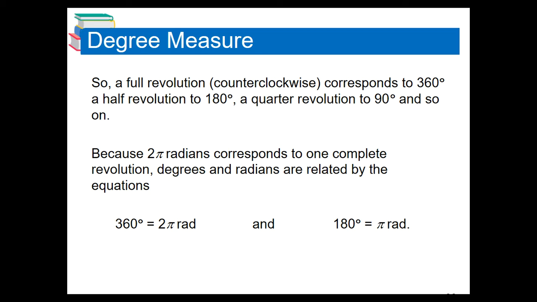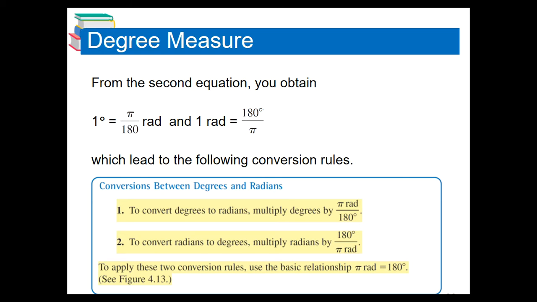Because 2 pi radians corresponds to 1 complete revolution, degrees and radians are related by the equations 360 degrees equals 2 pi radians, and also 180 degrees equals pi radians, right? We discussed that. All right, from the second equation, you obtain 1 degree equals pi over 180. So what they had was 180 degrees equals pi radians, right?